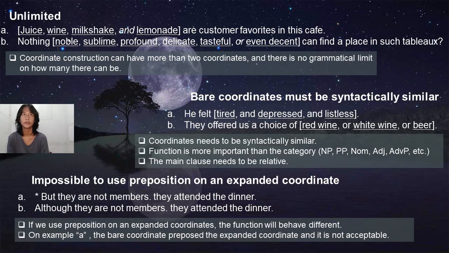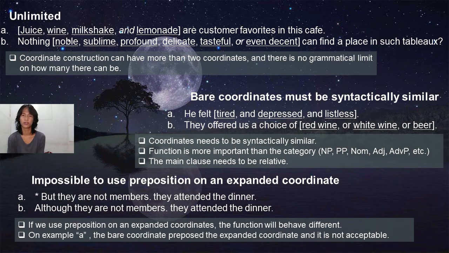As for the second, we have 6 coordinates. So there is really no limit on how many coordinates you want to use in a sentence. That is why it is called unlimited. And the next one: coordinates must be syntactically similar.